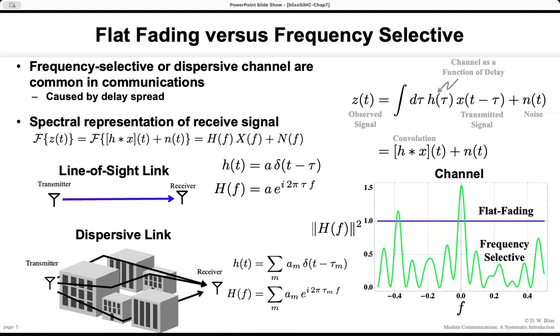But if we have these multiple delays showing up, that is effectively a random filter, right? There is a complex coefficient associated with various delays. And that means we have a frequency selective channel. And so it takes our signal, and we can think of it in the time domain as causing intersymbol interference.